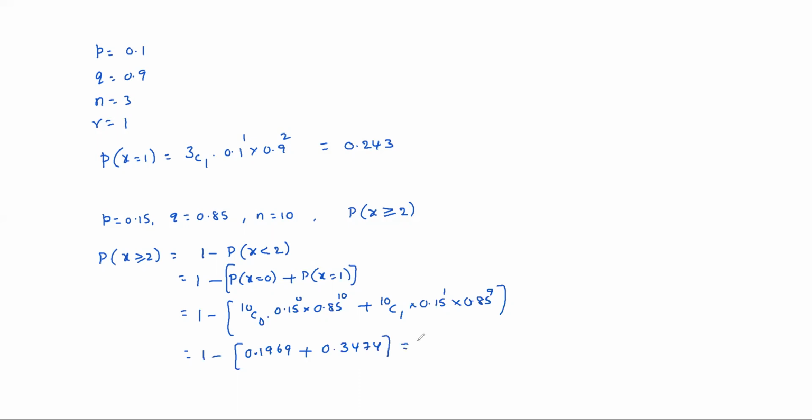So 1 minus 0.1969 plus 0.3474 is 0.46, right? 0.46. Okay, rounding to 2 decimal places, it is 0.46.